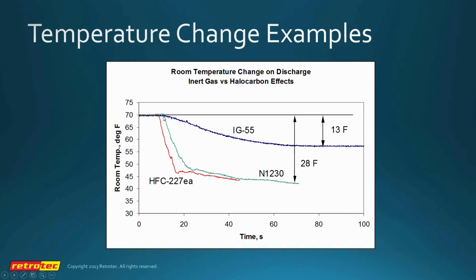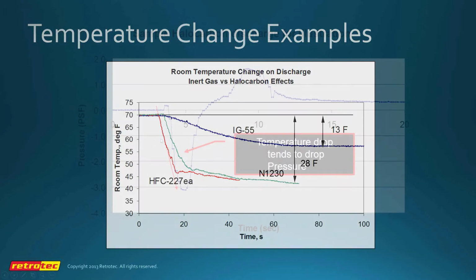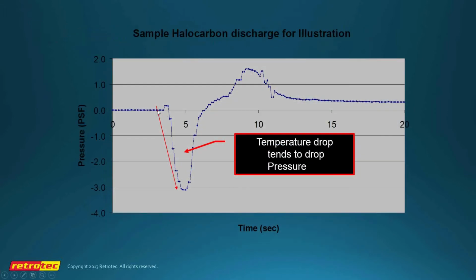With the inert, in this case IG55, we have a little bit of cooling that goes on in the room, but nowhere near the slope of this particular curve, and we don't get any appreciable or observable negative pressure spike because of it.